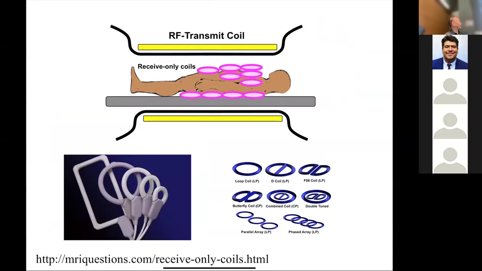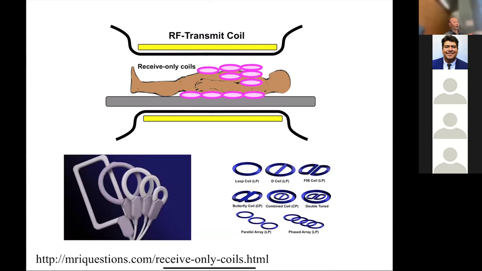So we've talked about how the main coil is like an RF transmit coil. It could be transmit only or it could be transmit receive. What's happened over the last 20 years is there's been a real focus towards having lots and lots of these surface coils. Those are the receive-only coils.